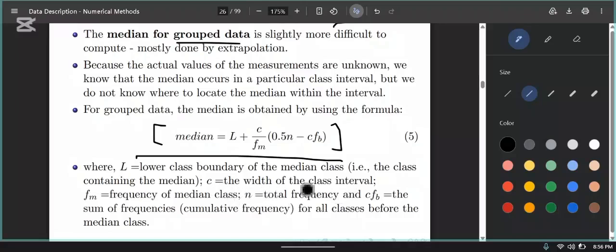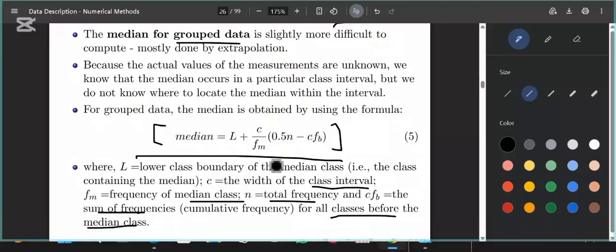C is the width of the class interval. Fm is the frequency of the median class. N is the total frequency. CFB is the sum of frequencies for all classes before the median class. But to understand, break it down. So this formula is used to calculate the median.